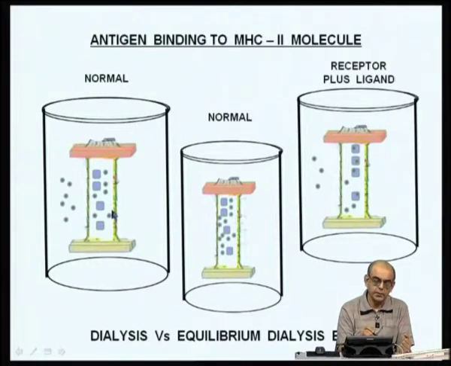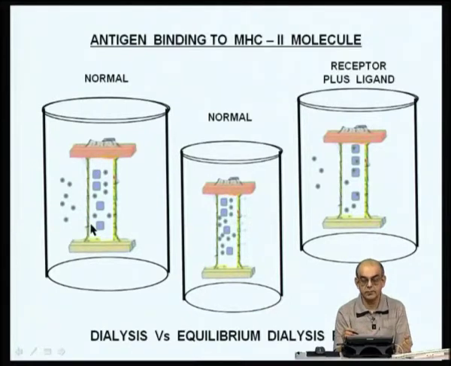So, in this example, in the central figure, you have 1, 2, 3, 4, 5, 6, 7, 8, 9, 10, 11, 12 small molecules just as an example, and if you allow them to diffuse through the membrane, you have 6 of them coming out, and at equilibrium there would be 6 molecules outside and 6 inside the bag, in addition to the protein molecules of higher molecular size which will not move out of the bag.